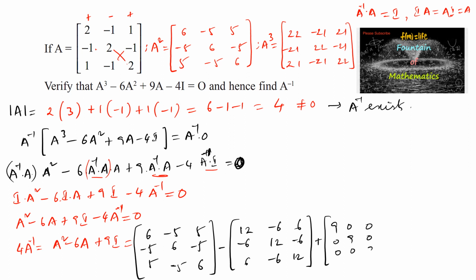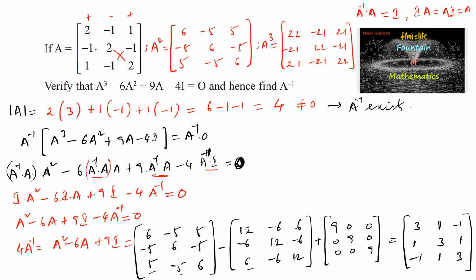So which is equal to 6 plus 9 is 15, 15 minus 12 is 3, and here negative 5 plus 6 is 1, so we can write here 1, and 5 minus 6 is negative 1, and negative 5 plus 6 is 1, and 6 minus 12 is negative 6, 9 minus 6 is 3, and negative 5 plus 6 is 1, and 5 minus 6 is negative 1, and negative 5 plus 6 is 1, and 6 minus 12 is negative 6 plus 9 is 3.